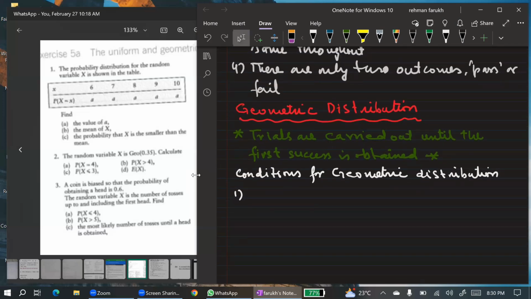Now the trials are independent. The result of one trial is independent of the other trial.